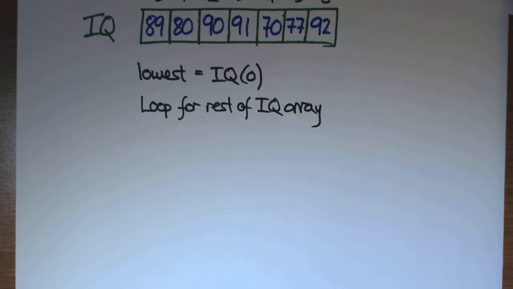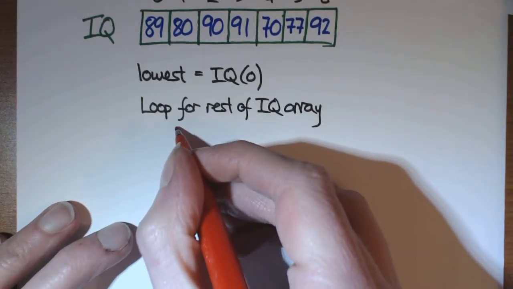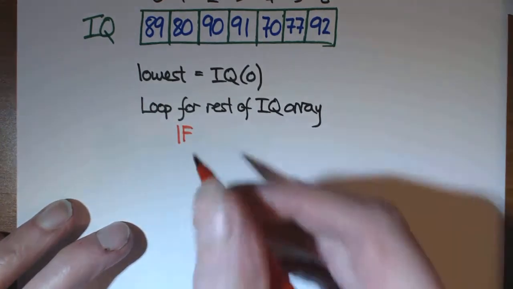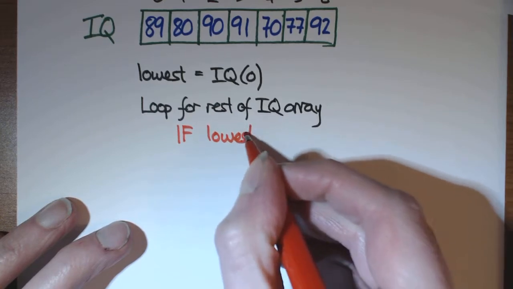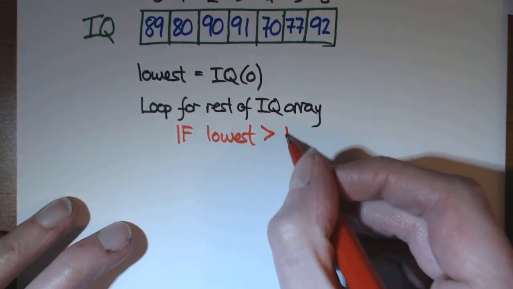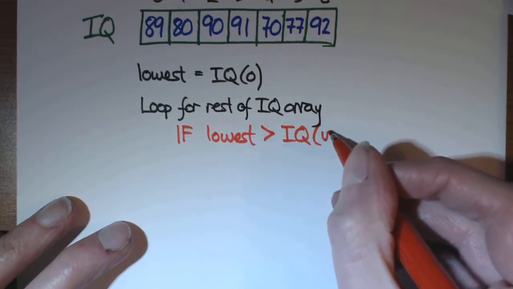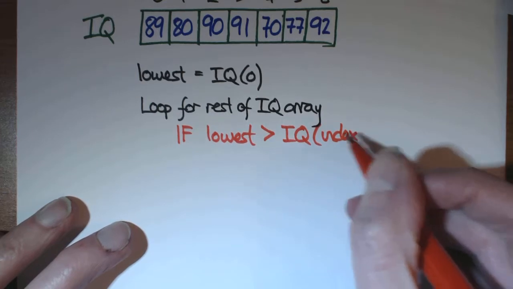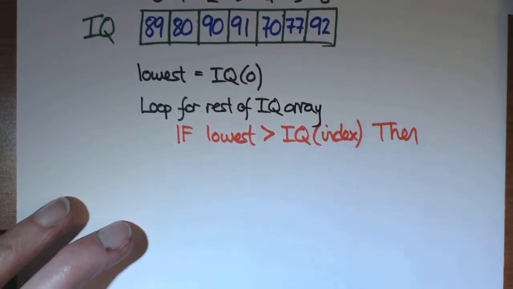So what we can say is, well, if the value stored in lowest is bigger than what we are now looking at, so IQ index, you could call it counter if you wanted, then do the following.